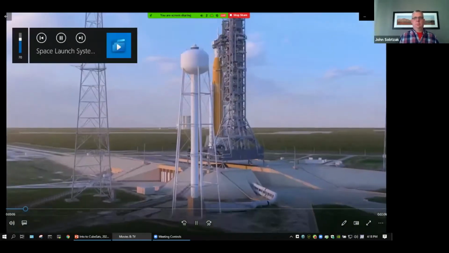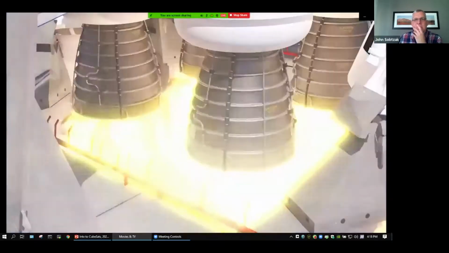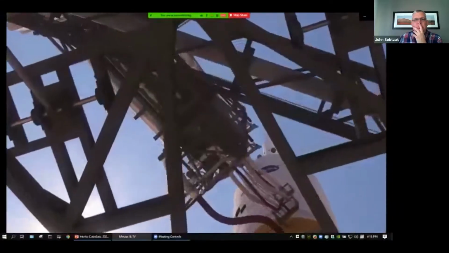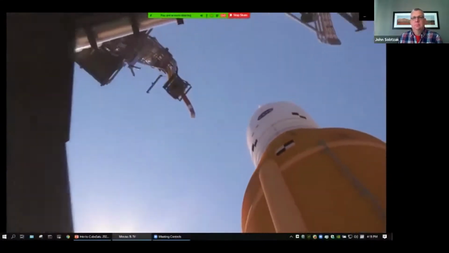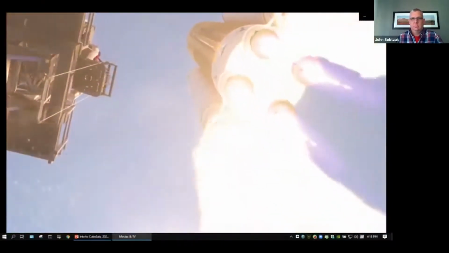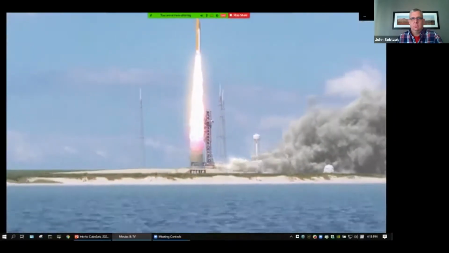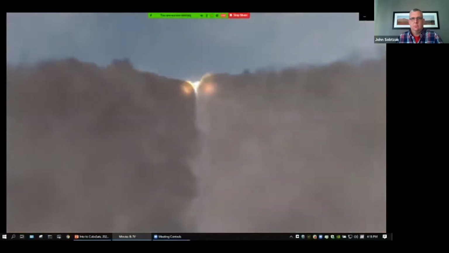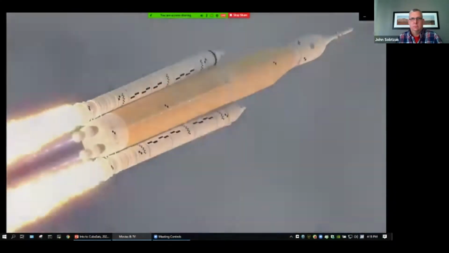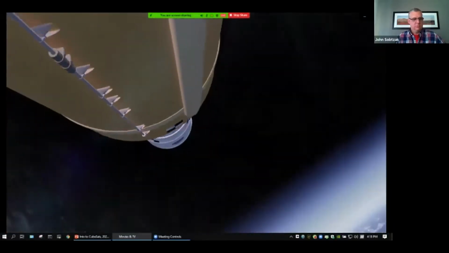NASA is advancing science and technology with the first flight of the Space Launch System, or SLS. Demonstrating the capability of the new rocket and the Orion spacecraft in deep space for future human exploration is the primary goal of the mission. As a bonus, SLS will send small satellites called CubeSats to deep space destinations where they can gather valuable data for future exploration missions.